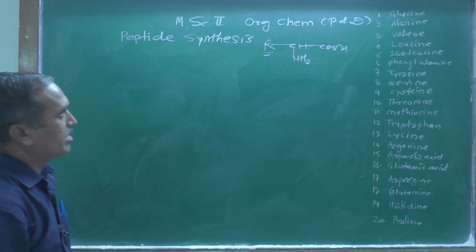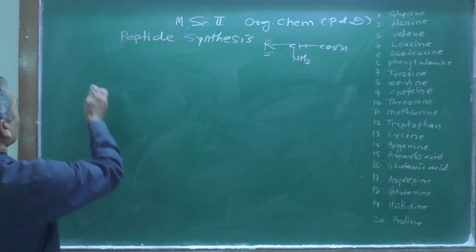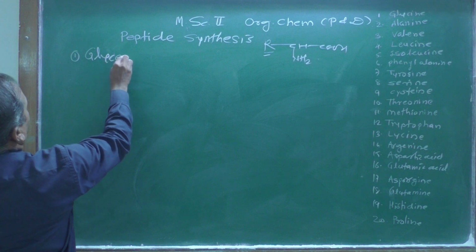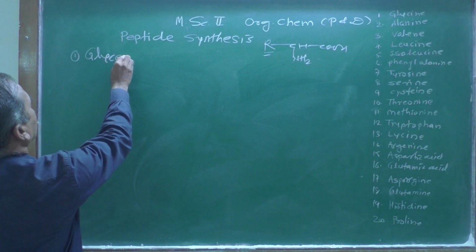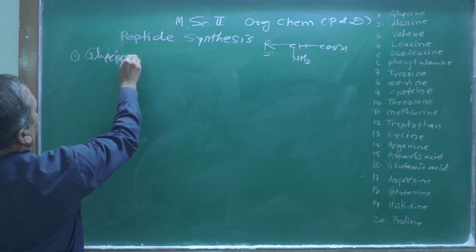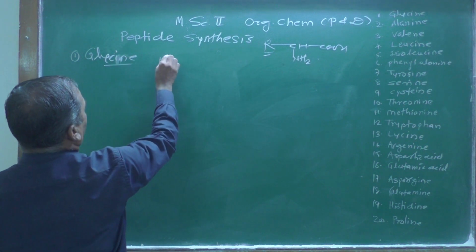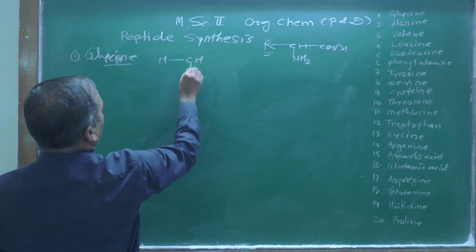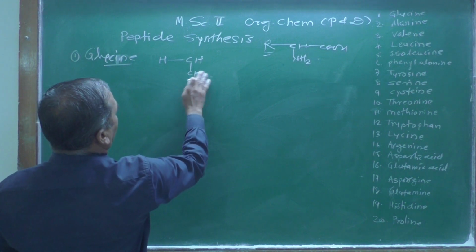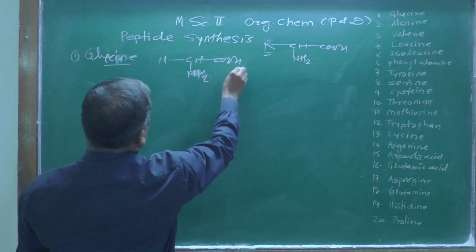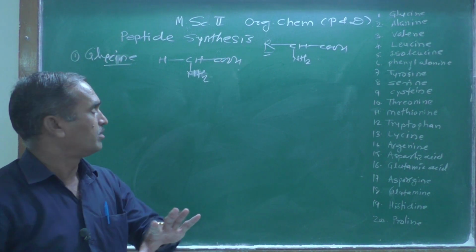Suppose I take R as a hydrogen atom. So first, the structure of glycine. Just take hydrogen over here, CH, then NH2, and then COOH.